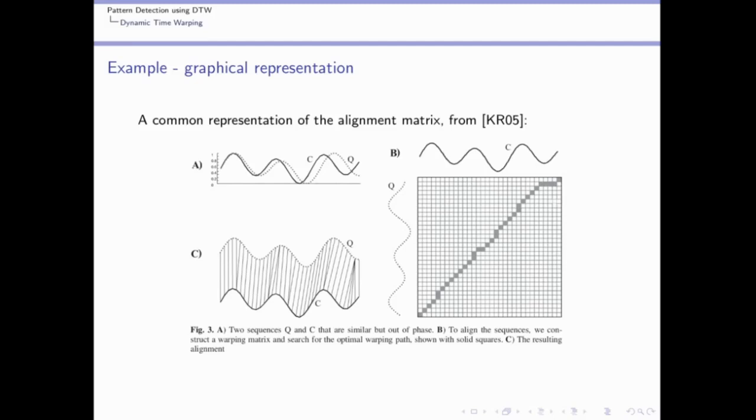And in B, you can see this warping matrix, another representation of which is in C. We're starting from the bottom left, let's say element 1, 1, and we're going to the upper right corner. The row corresponds to the position in Q, and the column corresponds to a position in C, and the elements in gray are the ones which are traversed by the path.